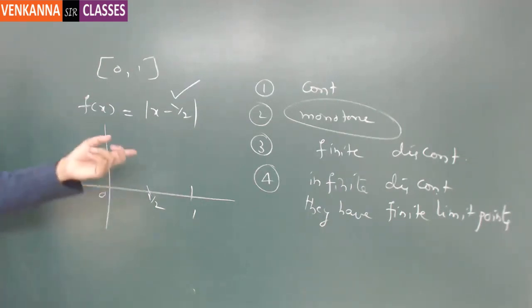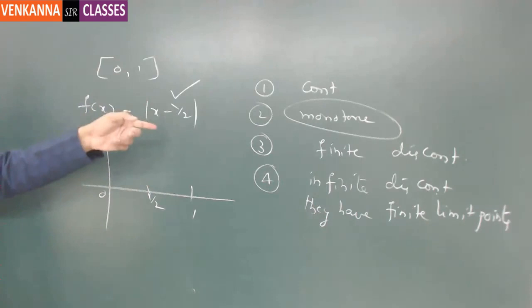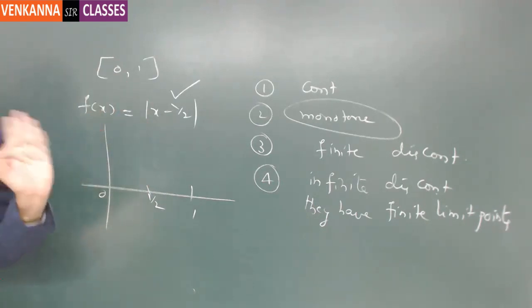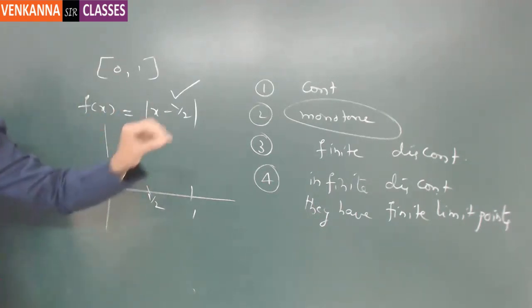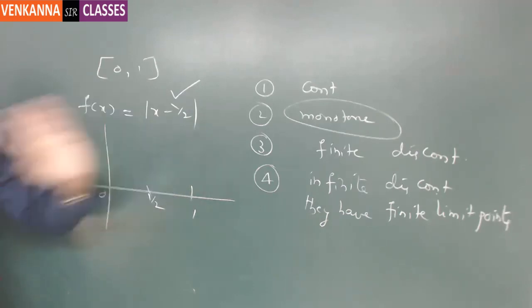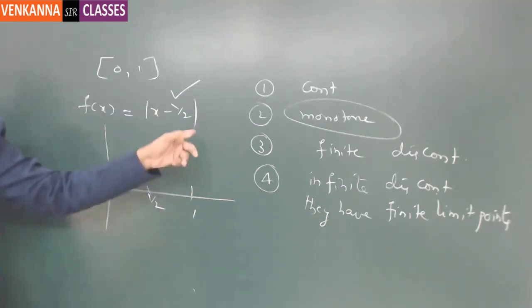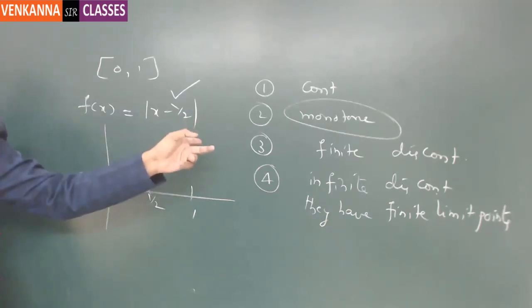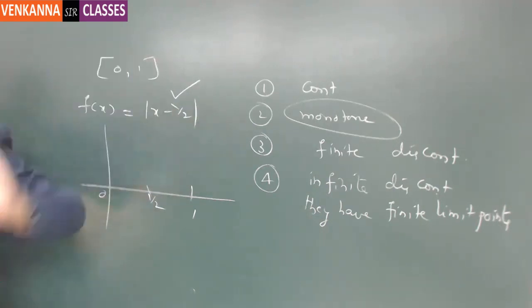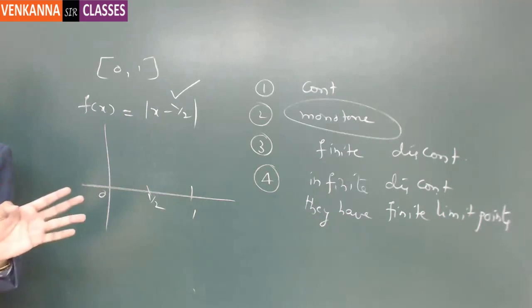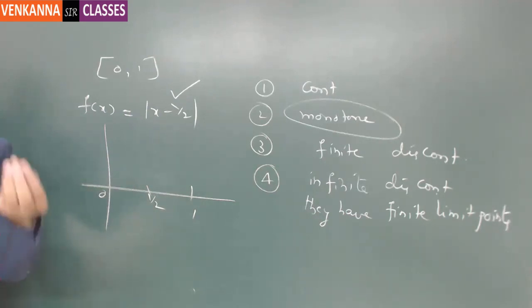So it is neither an increasing function nor a decreasing function. This function is not at all monotone, but you know that it is continuous, hence it is Riemann integrable on [0, 1]. So this is an example of a function which is not monotone but Riemann integrable.